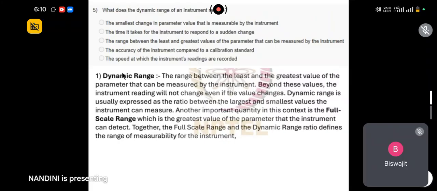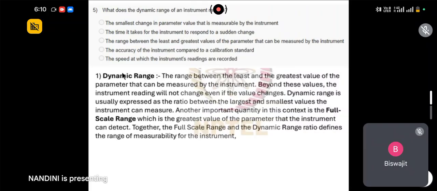Then we have scales which are used to measure the length of some material, which will be in centimeters. Then there are things that we measure in meters, and things that we measure in kilometers. So we have different ranges for each instrument, and based on the scale at which we need the measurement, we use different instruments. So dynamic range gives you the range between the least and the greatest value of the parameter that can be measured by that particular instrument.